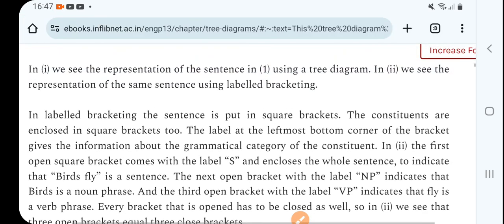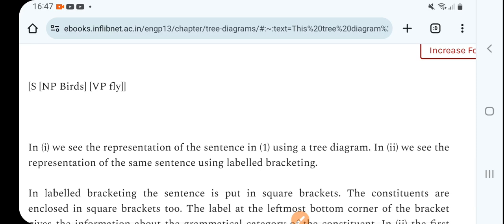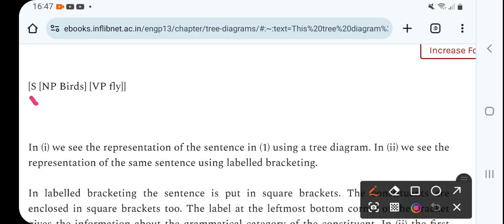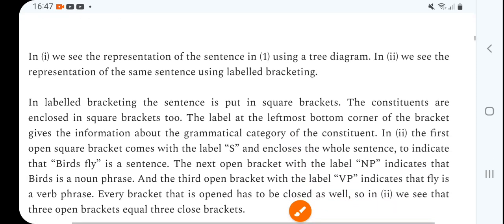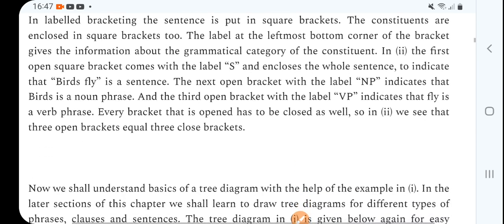So first let me tell you, birds fly, from here to here, this is the sentence, which is in square brackets, right? Labeled S, it encloses the whole sentence to indicate birds fly is a sentence.